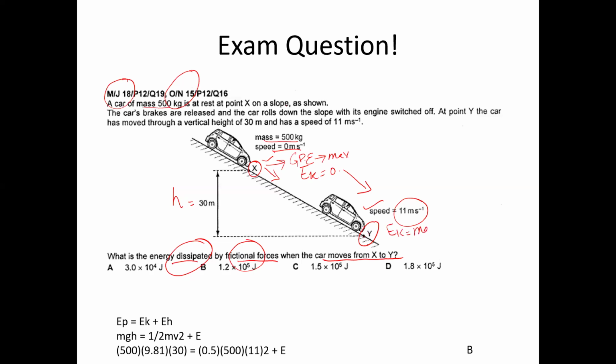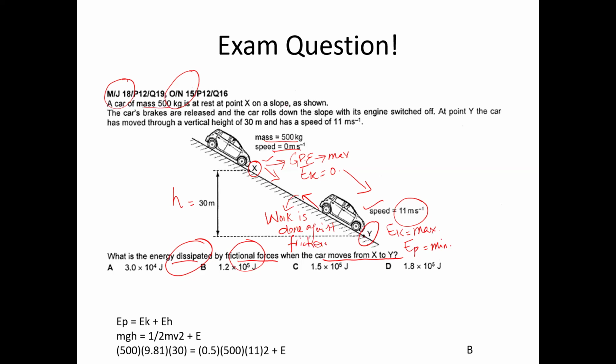Kinetic energy is maximum and gravitational potential energy will be minimum. And during the whole of this process, friction between the tires is also present. So it means some work is done against friction, right? Some work is done against the friction.